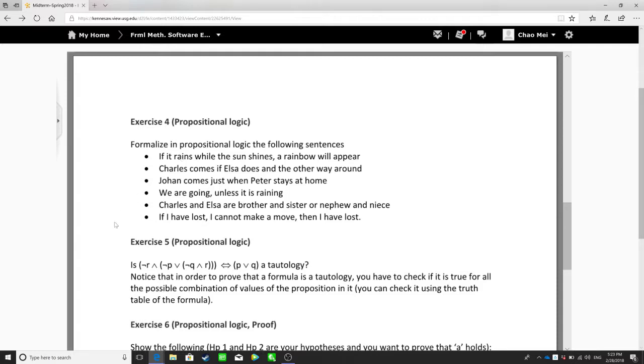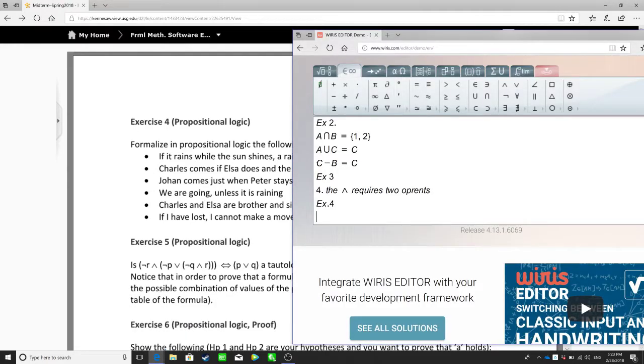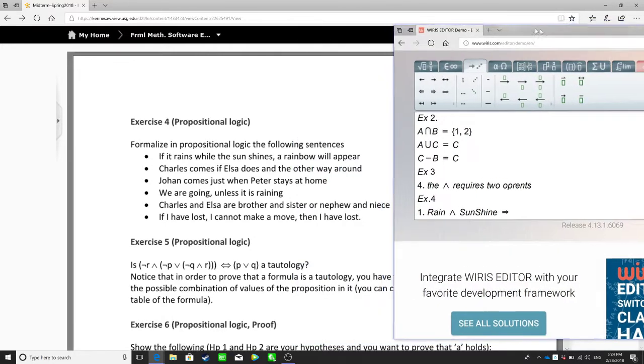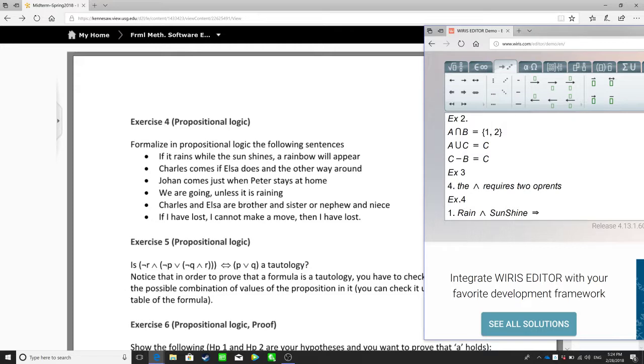This is simple. If something, then something, it's just an implication. So it's rain and sunshine implies rainbow.